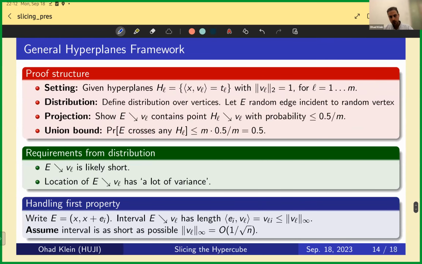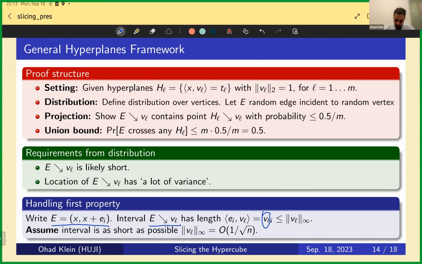Now, in order to guarantee that our interval is short, we'll have the following requirement. This is only a simplification for the proof. So suppose we have the edge that goes from x in direction i, and we can see that E projected on V has length which is the i-th coordinate of V_L.